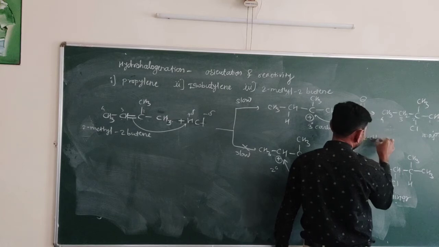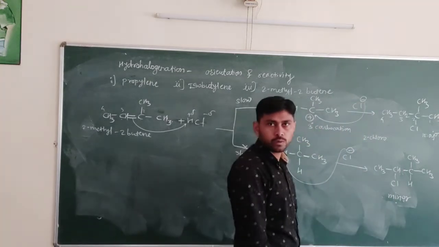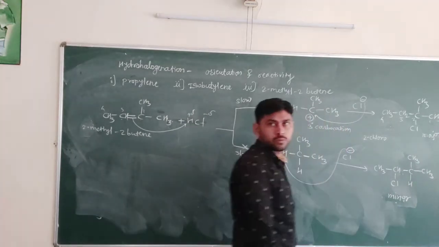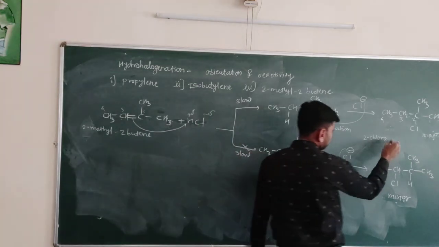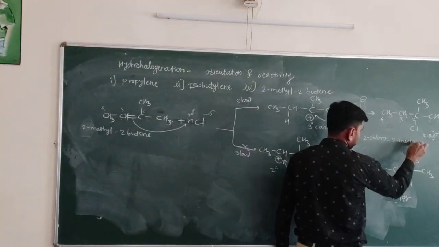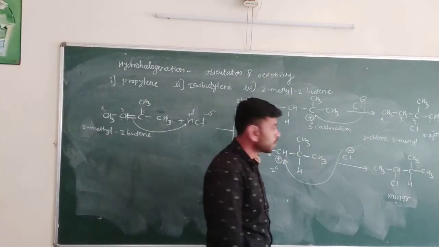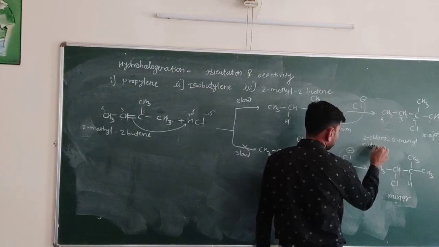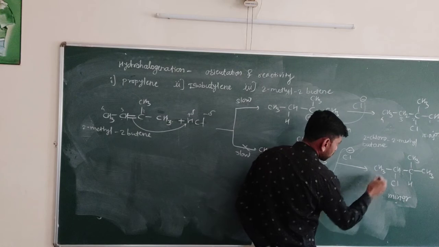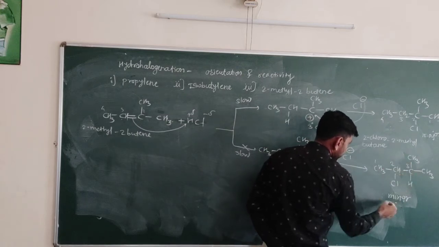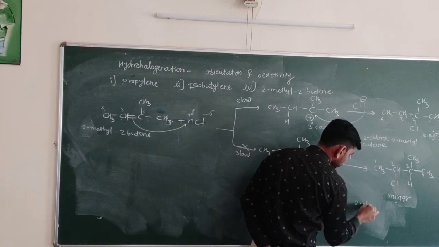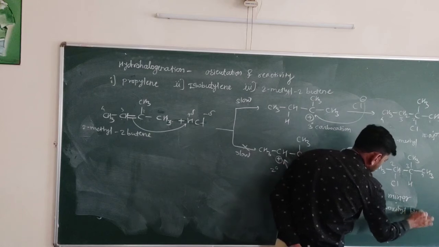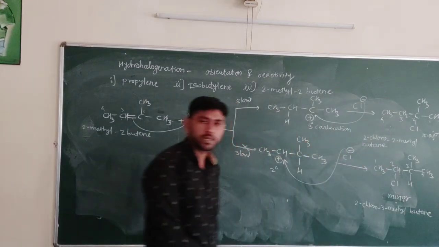Then 2-chloro 2-methyl butane. And the other one is 2-chloro 3-methyl butane.